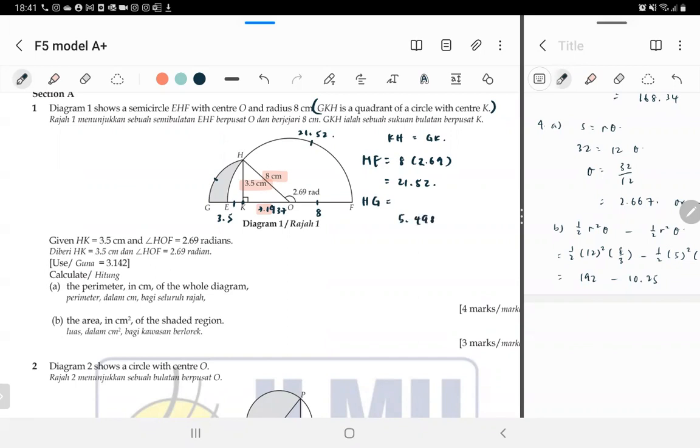You are doing the 90 degrees, which is 3.142 divided by 2, times the radius. So perimeter equals 5.4985 plus 21.52 plus 8 plus 7.1937 plus 3.5. Correct?